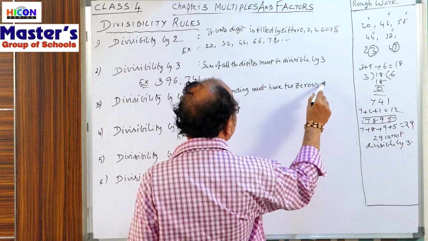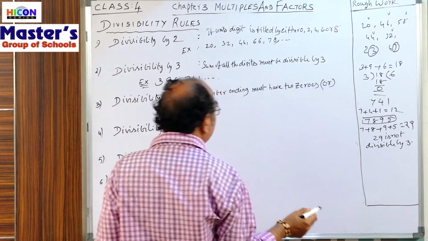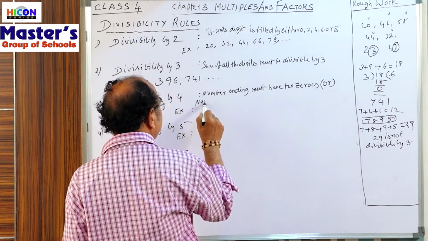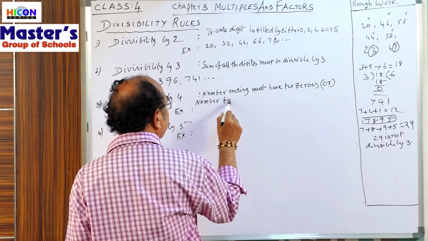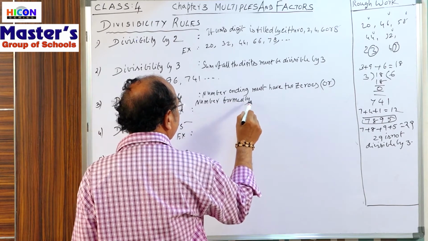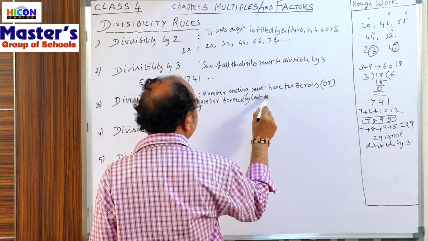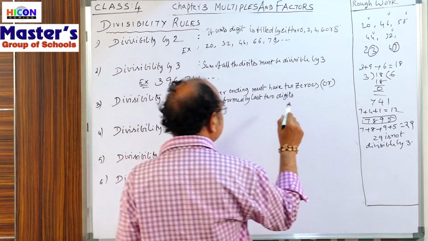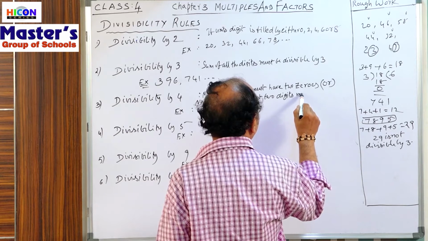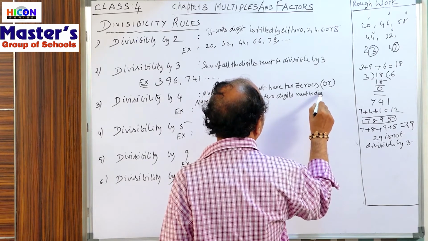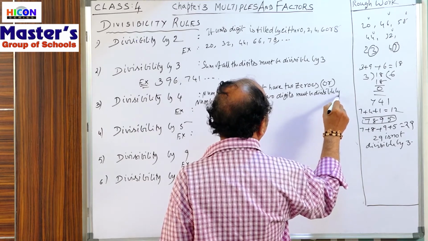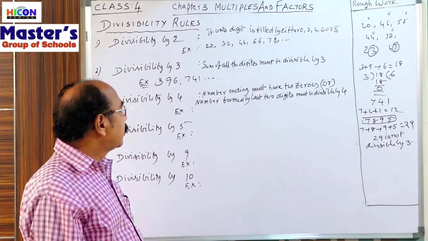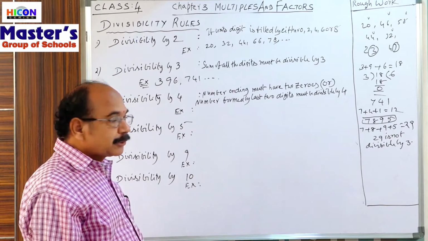Otherwise, the number formed by the last two digits must be divisible by 4. The number ending must have two zeros, otherwise the number formed by the last two digits must be divisible by 4.